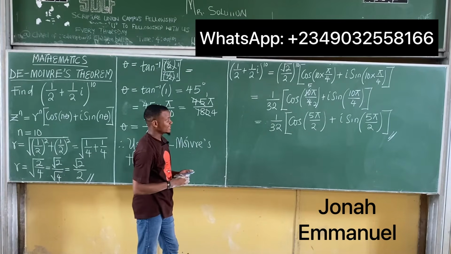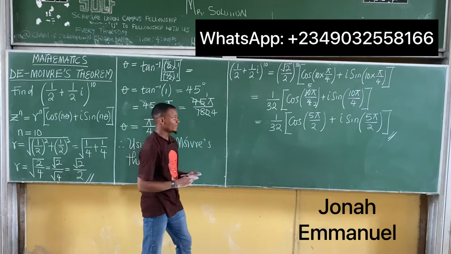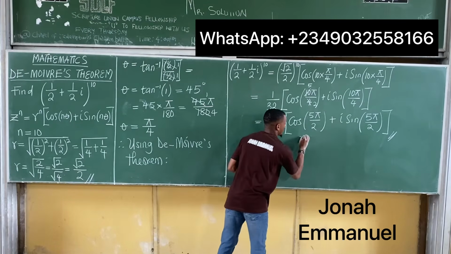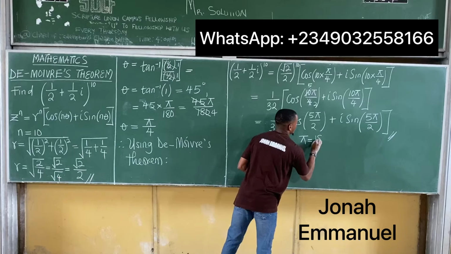Let's get this in degrees. To get this in degrees is very simple. Simply put pi as 180. So pi will be equal to 180 degrees.